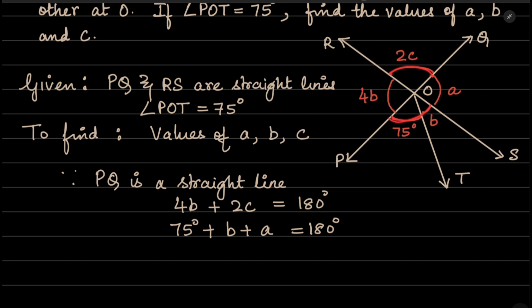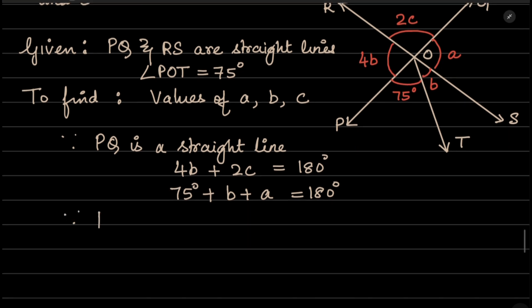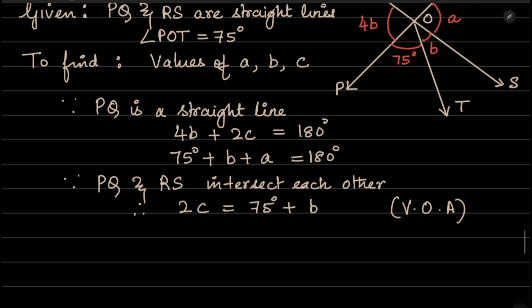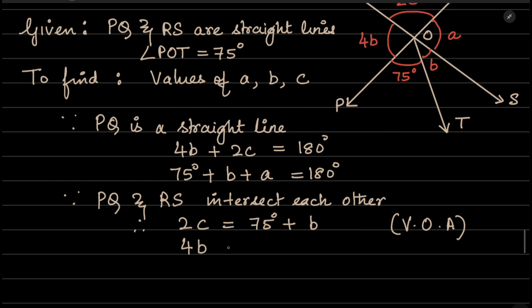So, 2C is equal to 75 plus B and 4B is equal to A. Since PQ and RS intersect each other, therefore 2C is equal to 75 degree plus B. Reason, vertically opposite angles are equal. And the next part is 4B is equal to A. The same reason, vertically opposite angles are equal.